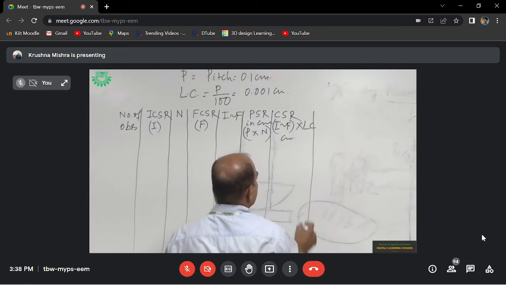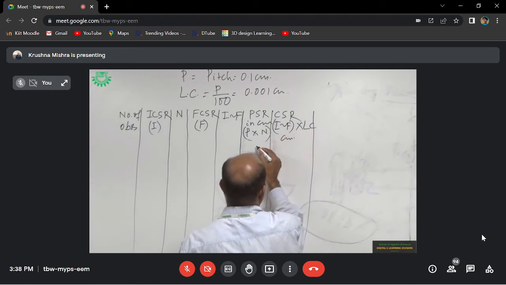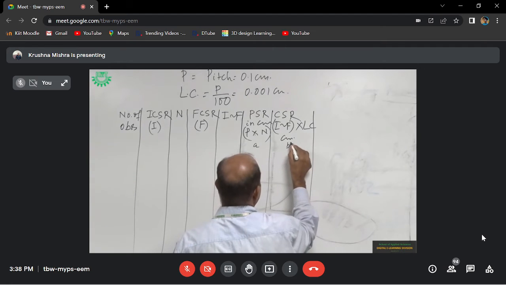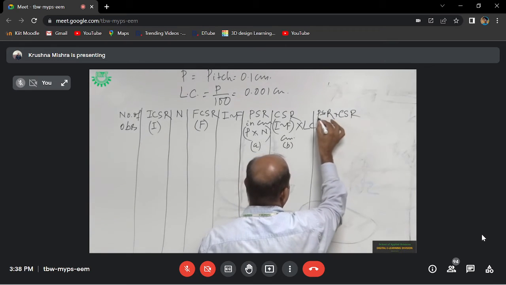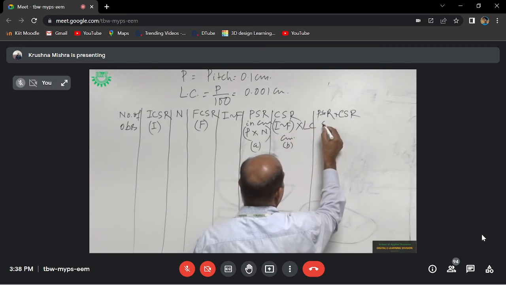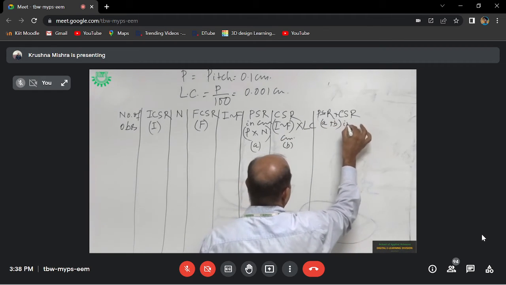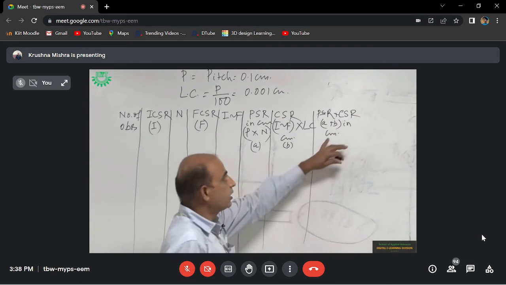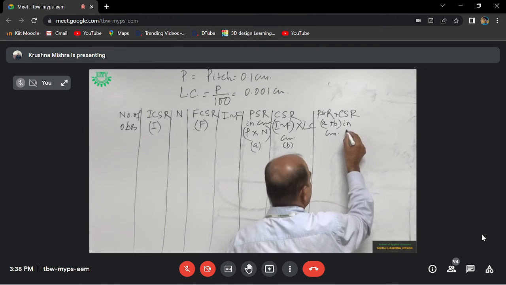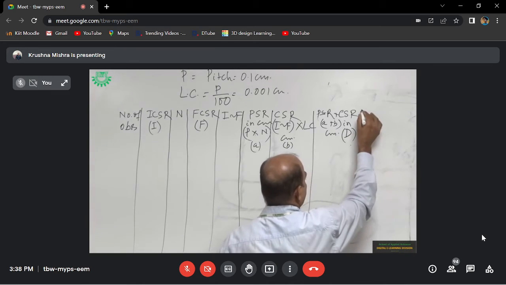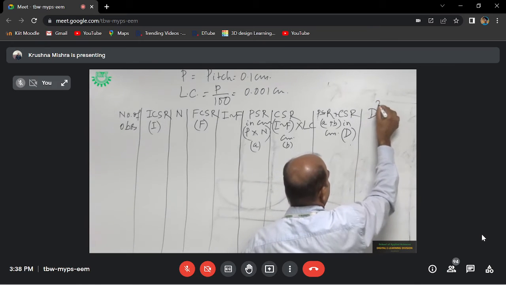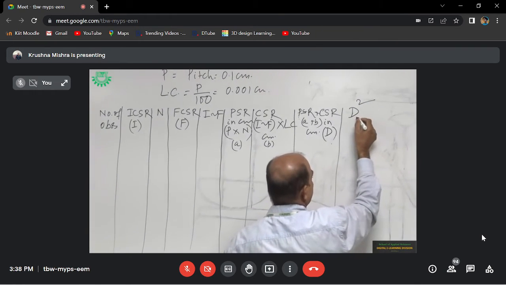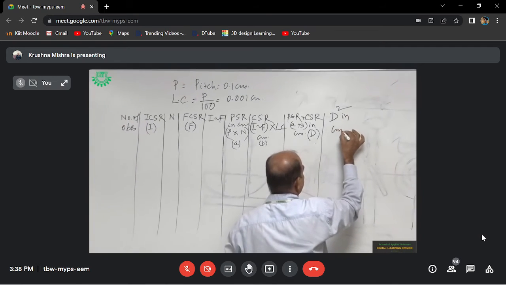Then suppose this is A and this is B, then PSR plus CSR, that is A plus B in centimeter, is the diameter of a ring. Then next is D square, or Dn square, which you can take in cm square.